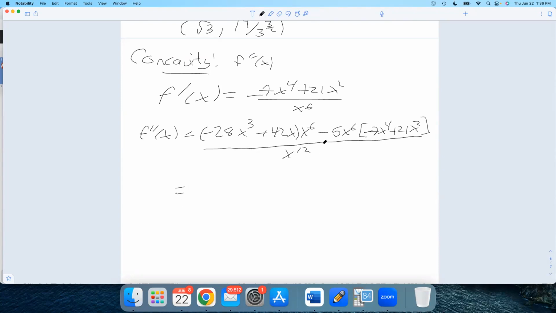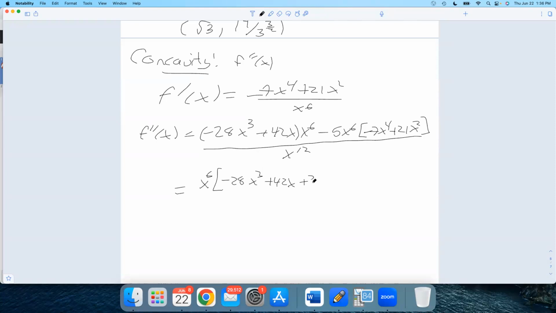Sometimes there are little tricks you want to look for. So if I factor out that x to the 6th first, I'll have negative 28x cubed plus 42x. Now I didn't factor out the 5, so I'm going to do two steps at once here. I'm going to distribute that negative 5, but I've pulled out the x to the 6th.